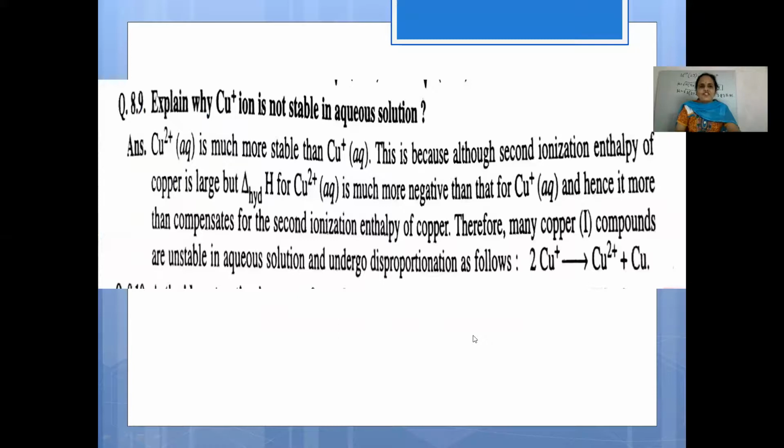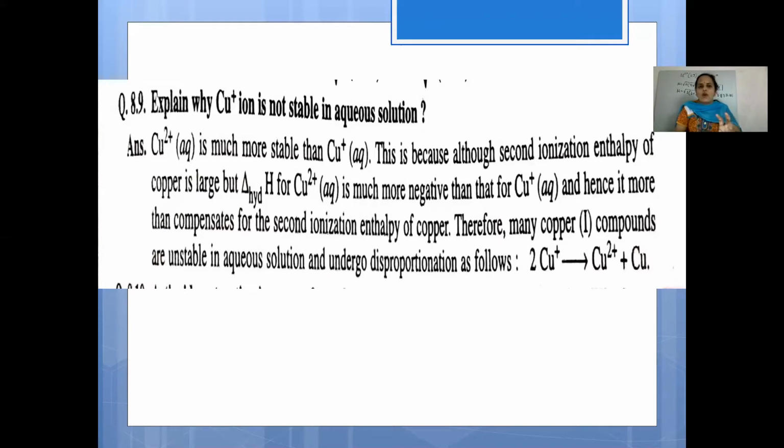Look at the question: explain why Cu+ ion is not stable in aqueous solution. Cu in +2 state is much more stable in comparison to Cu in +1 state, because although the second ionization enthalpy of copper is large, the hydration enthalpy for Cu2+ is much more negative than that for Cu+, and hence it more than compensates for the second ionization enthalpy of copper.